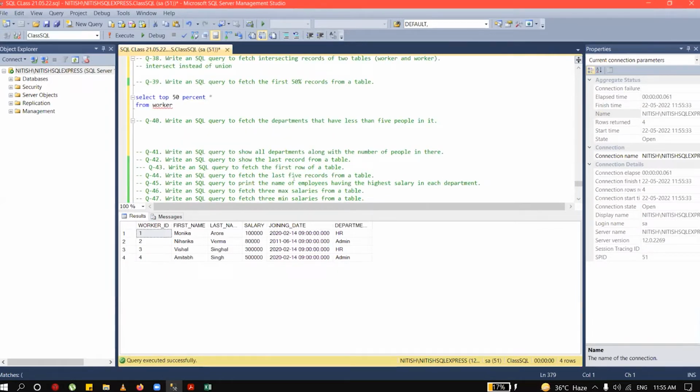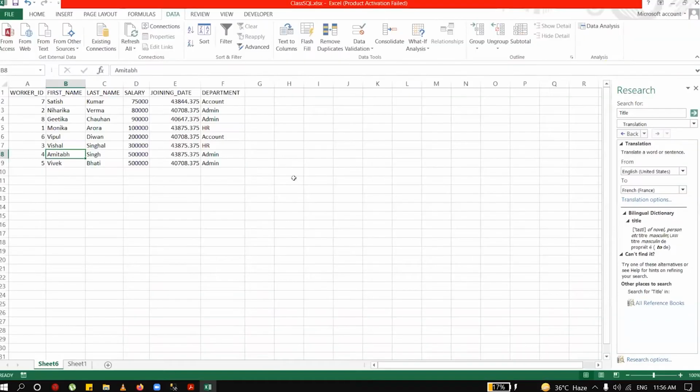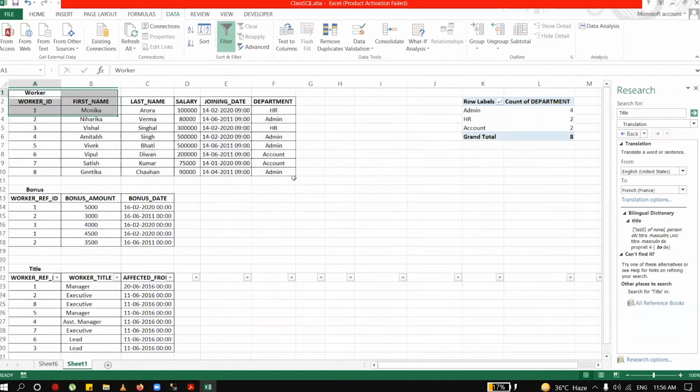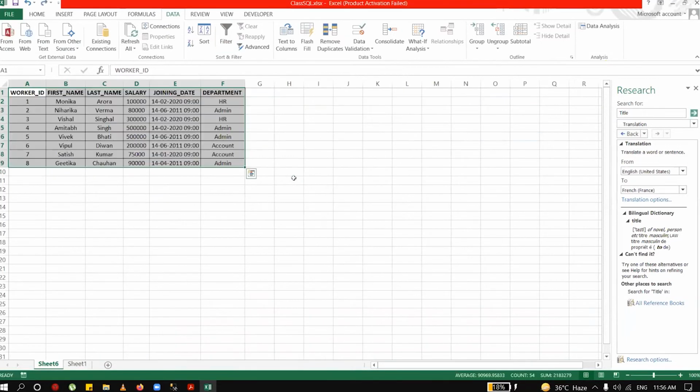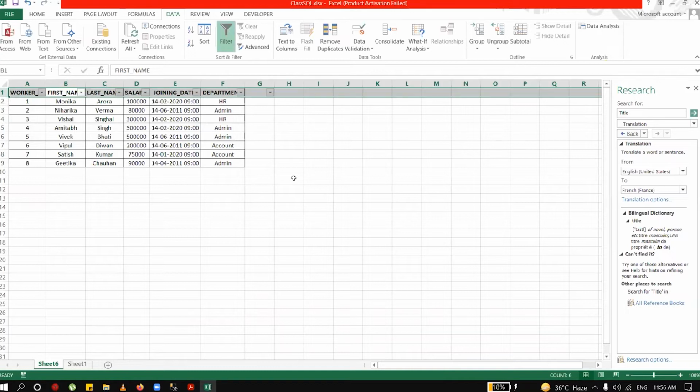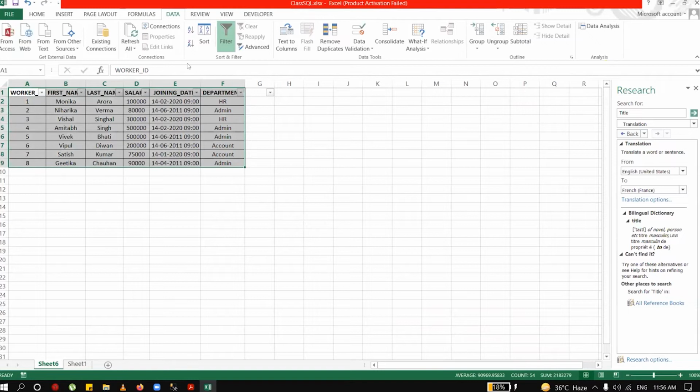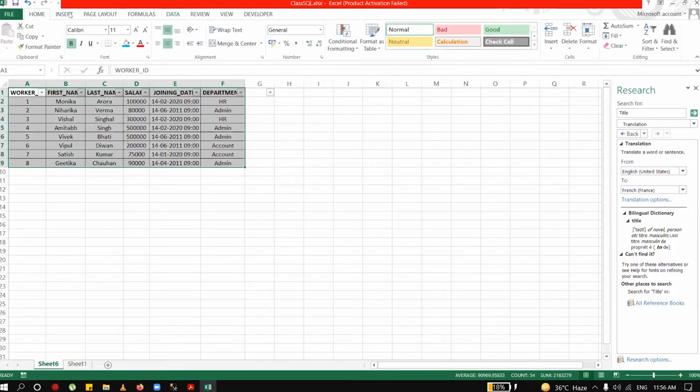Fetch the department that has less than 5 people in it. So go back to the table. Here I'm talking about my department, and I'm looking for a group by function again. I think I have exaggerated a little bit over here.